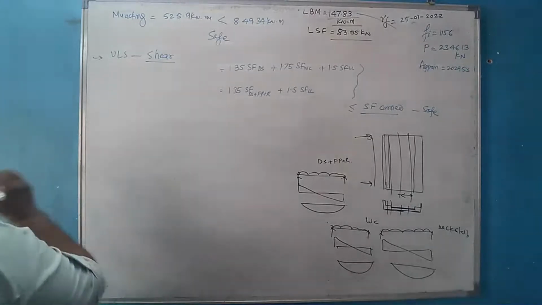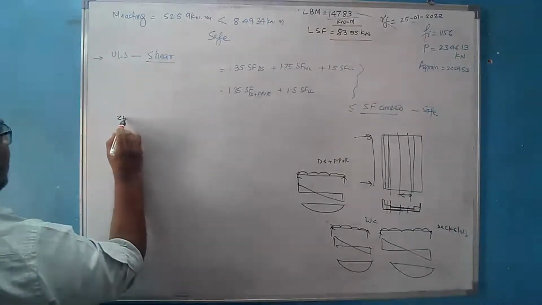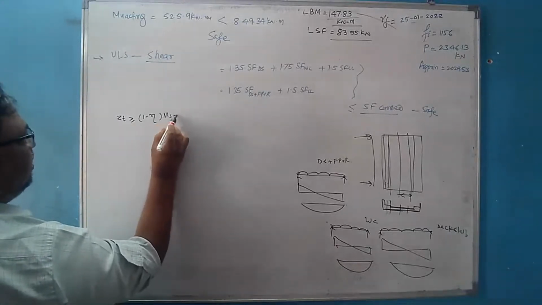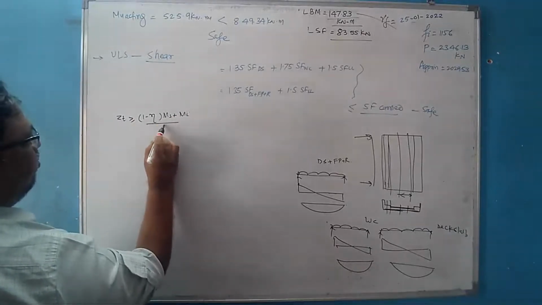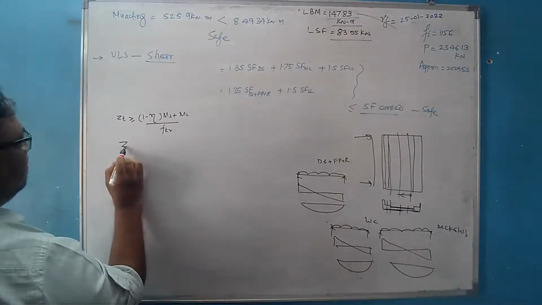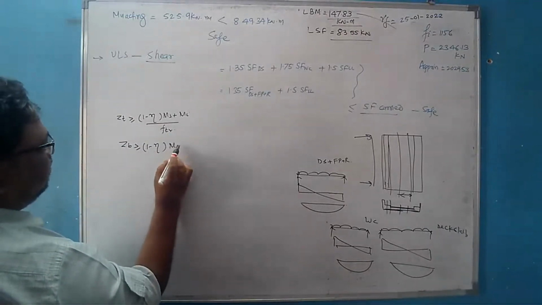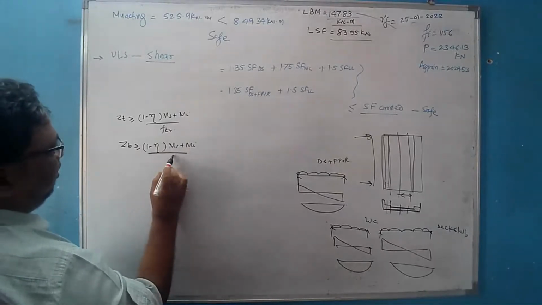If you remember, we had verified that ZT must be greater than or equal to (1 minus eta) Ms plus Mi divided by FTR. ZB must be greater than or equal to (1 minus eta) Ms plus Mi divided by FBR.